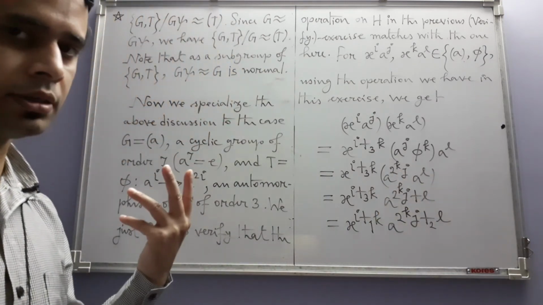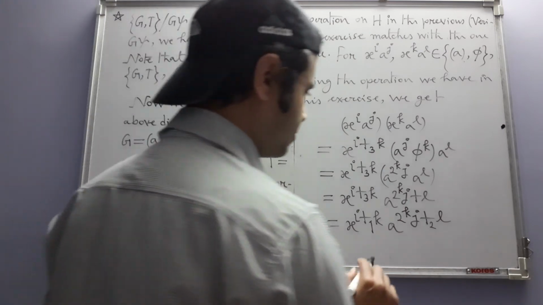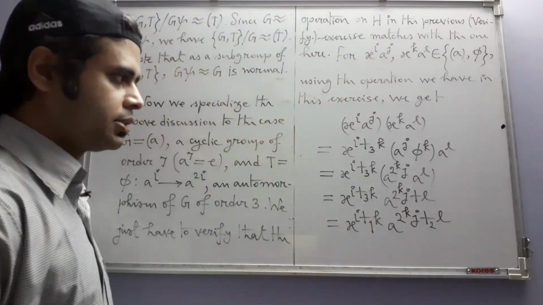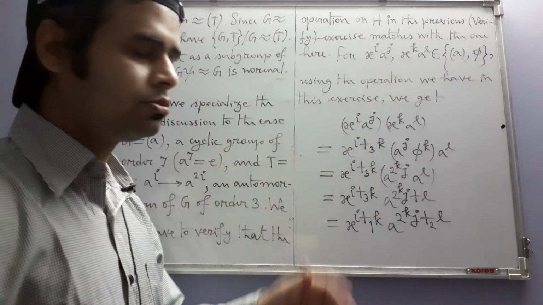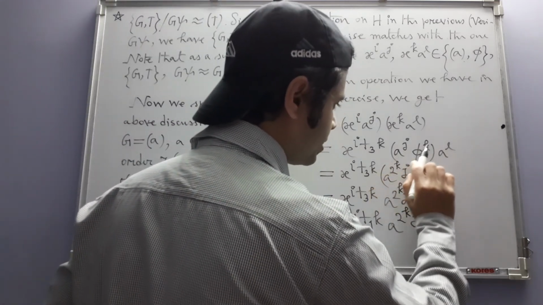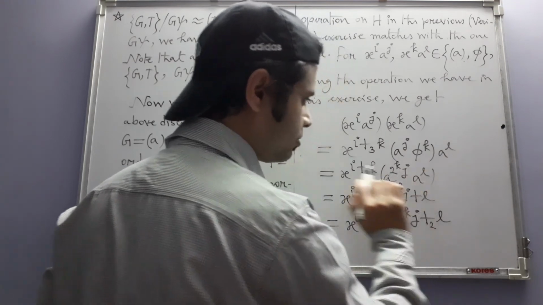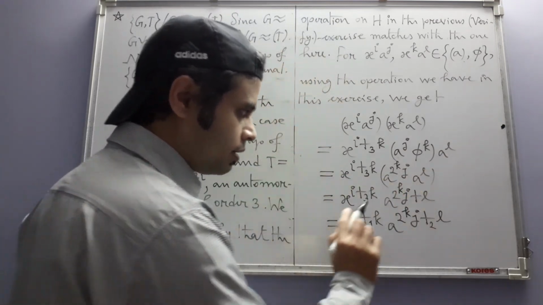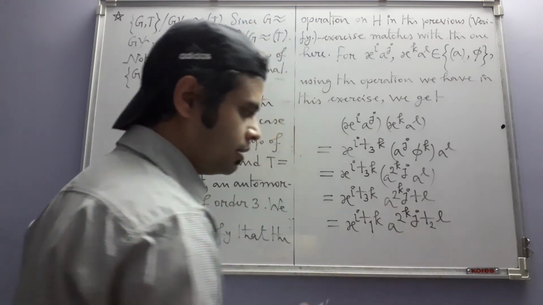You go back to that exercise, you will see that. Now there are two questions here. How is a to the power j phi to the power k equal to a to the power 2^k times j, and how is this equal to this?